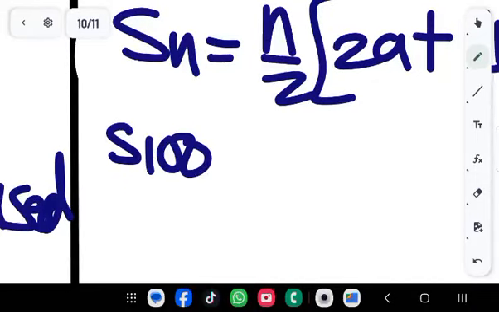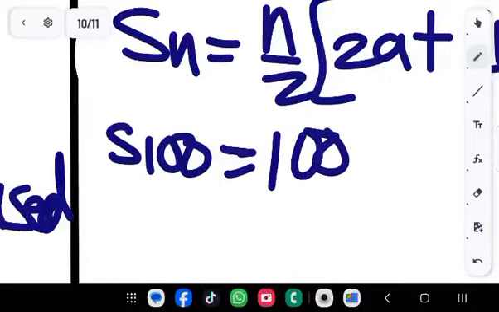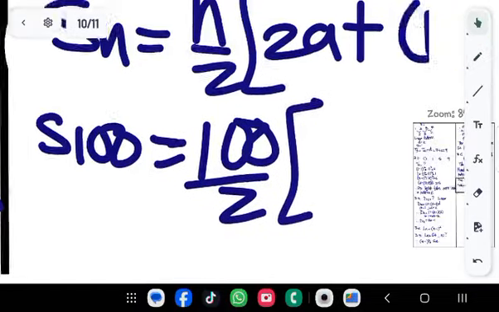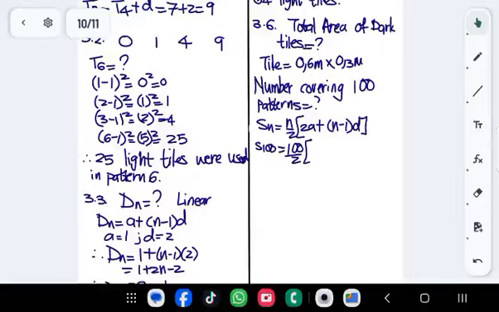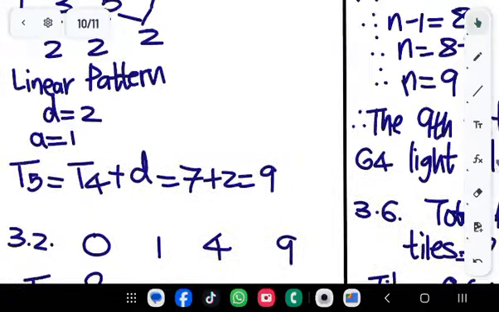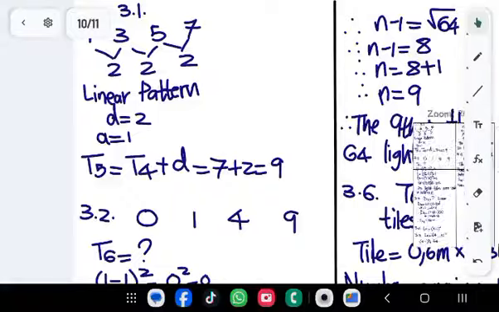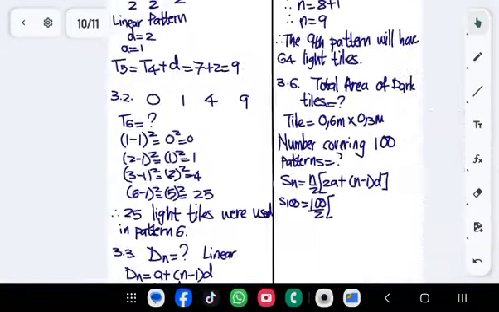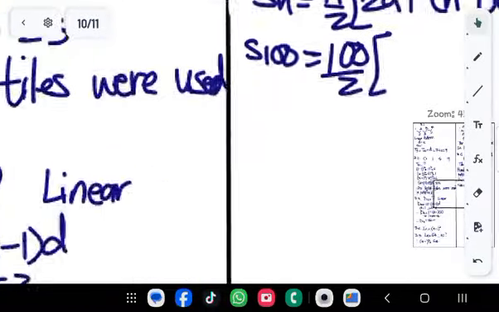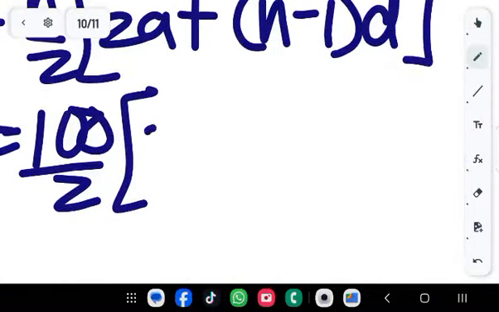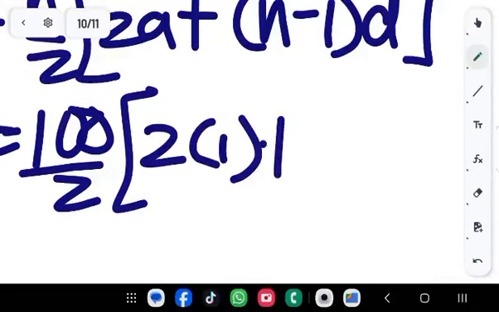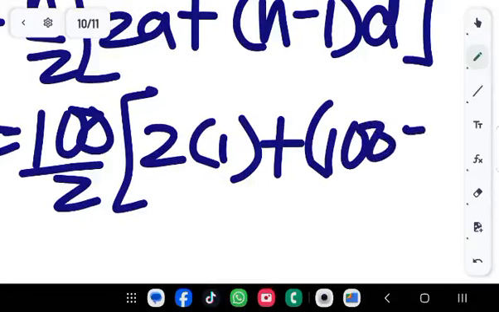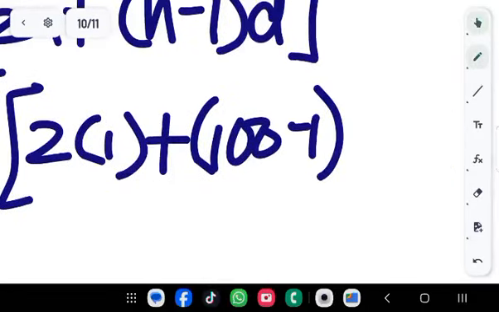The sum of the first 100 patterns will be 100 over 2 times, what is the first term? The first term is 1, so that is 2 times 1, plus 100 minus 1, that is 99, times d.